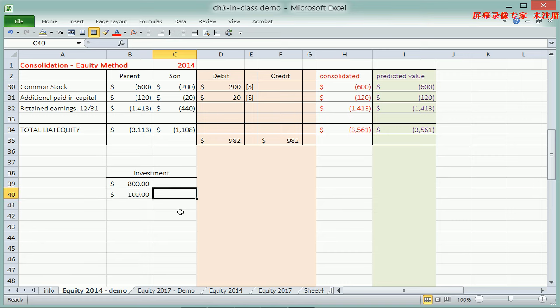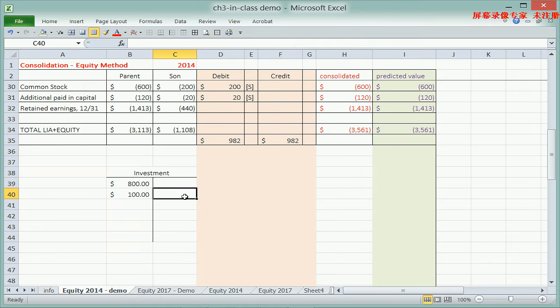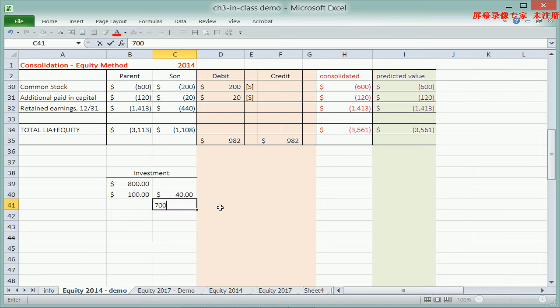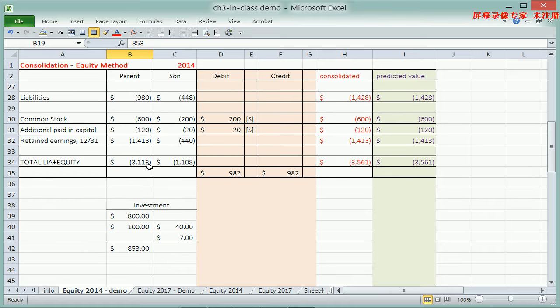When the subsidiary paid dividends, which is $40,000, the parent reduces the investment account. And at the end of the year, the parent also needs to do amortization, which is $7,000. That will reduce our investment account. So if we take this, it would be this plus this minus this, right? This is exactly the same as the investment in the subsidiary that we saw here.